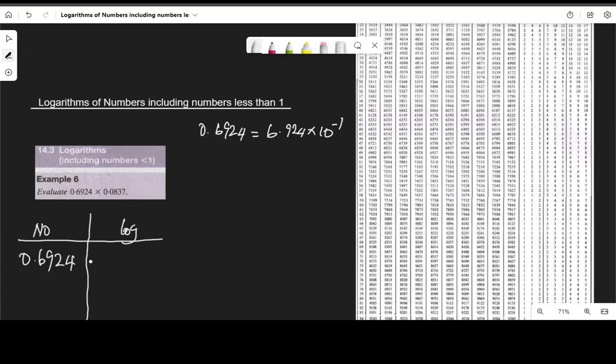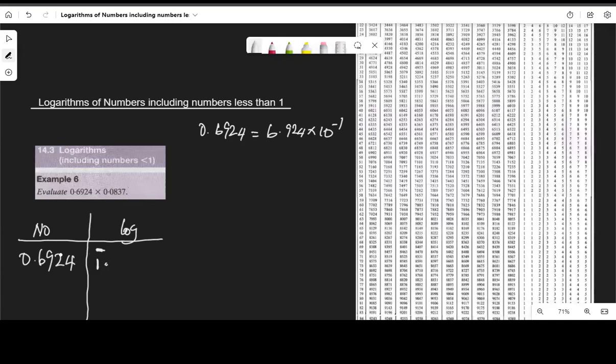So the characteristic of this number is the power of 10, which is -1. And under the table, we write it as bar 1. That is, the minus is put on top of the number, and we call that bar 1.